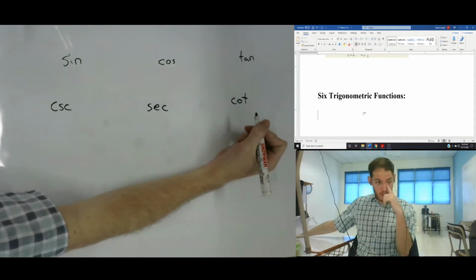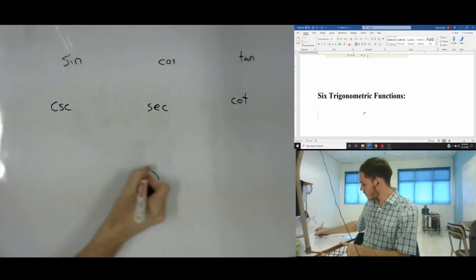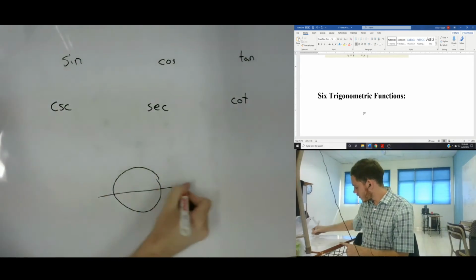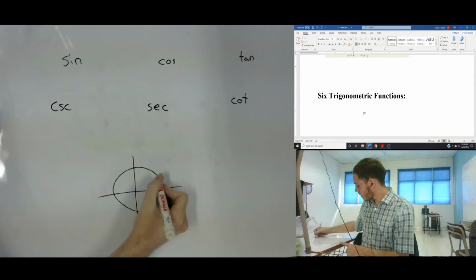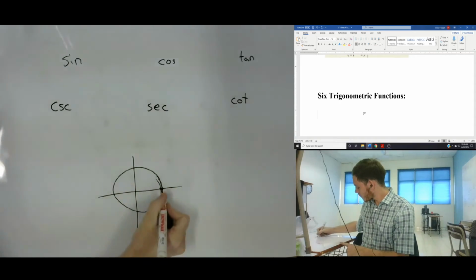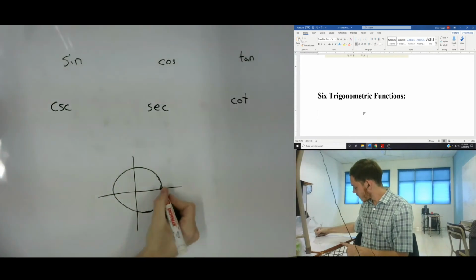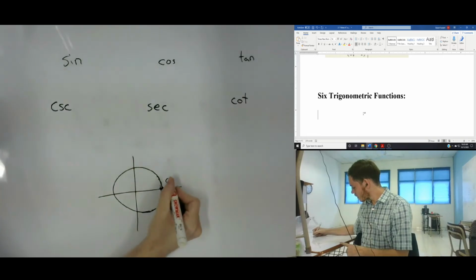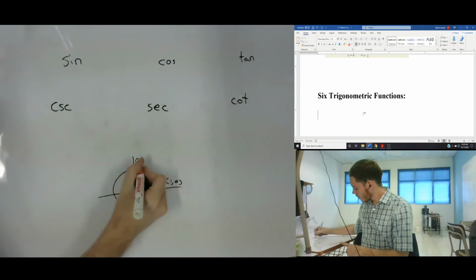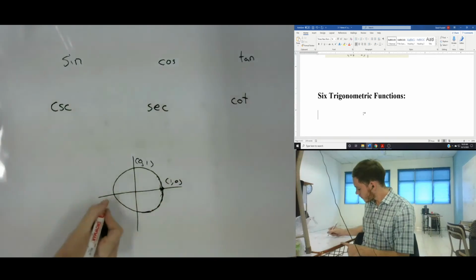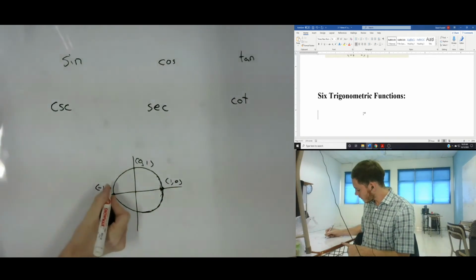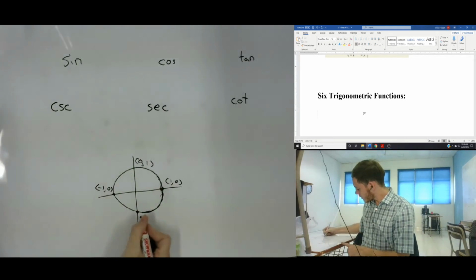So, if we have the unit circle, okay, this is 1 comma 0, 0 comma 1, this is negative 1 comma 0, and this is 0 comma negative 1.